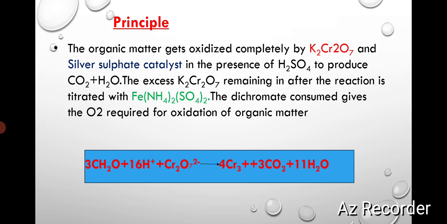The dichromate consumed gives the O2 required for oxidation of organic matter. 3C plus 16H plus 2Cr2O7 gives 4Cr3 plus 3CO2 plus 11H2O.